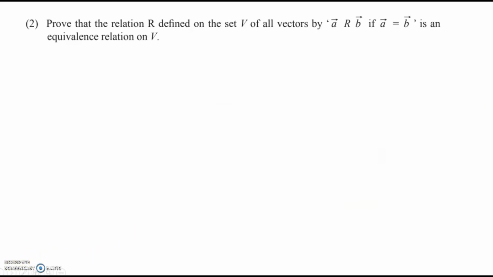In the next question, the question says, prove that the relation R defined on the set V of all vectors by A related to B, if A vector is equal to B vector, is an equivalence relation. So to show it's an equivalence relation, you have to prove three things.